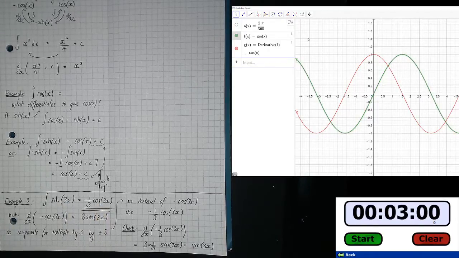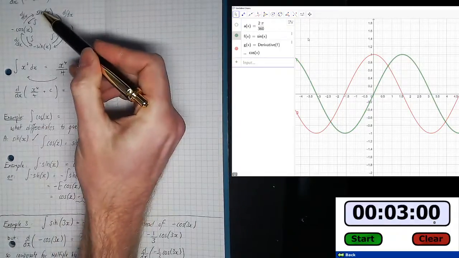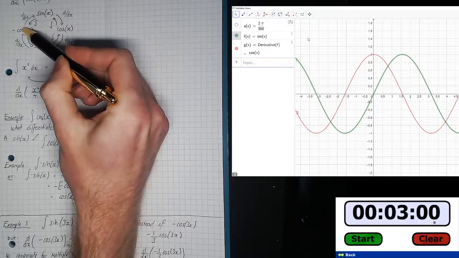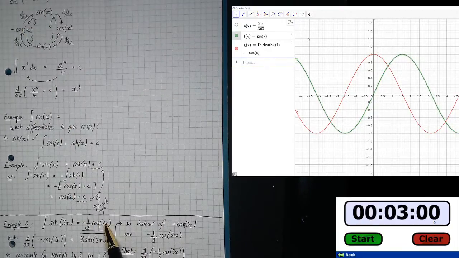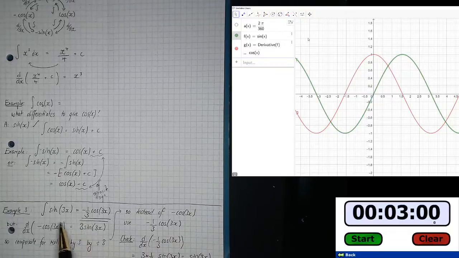The first thing is to notice what happens with the trig function: sine integrates to give negative cos, from our little pattern. In differentiating, we would normally multiply by the derivative of the inside bracket.